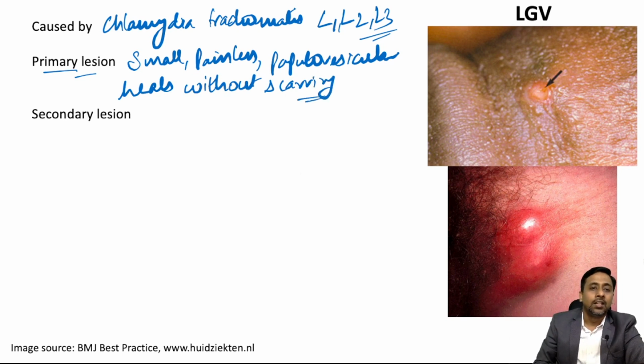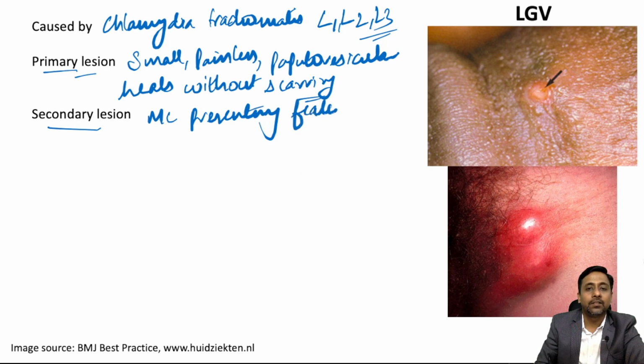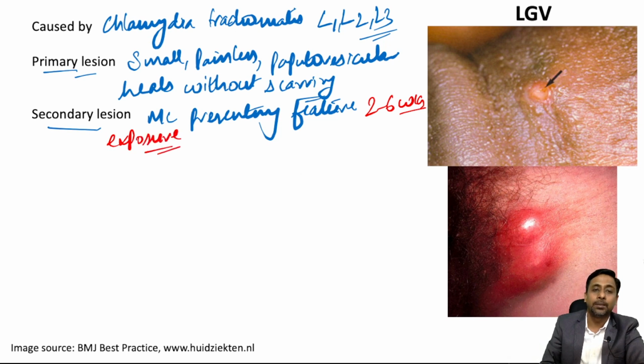Okay, and the secondary lesion is the most common presenting feature, and it appears after about 2 to 6 weeks of presumed exposure, because as we don't know when the primary lesion appears, so if secondary lesion appears, it indicates that the exposure happened maybe 2 to 6 weeks before.